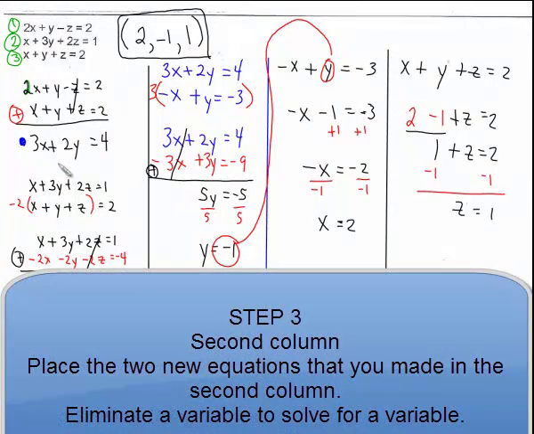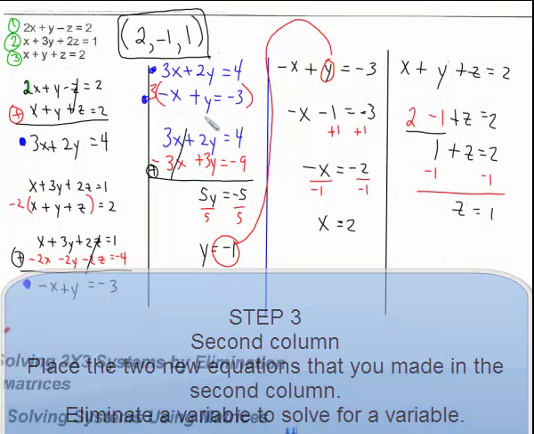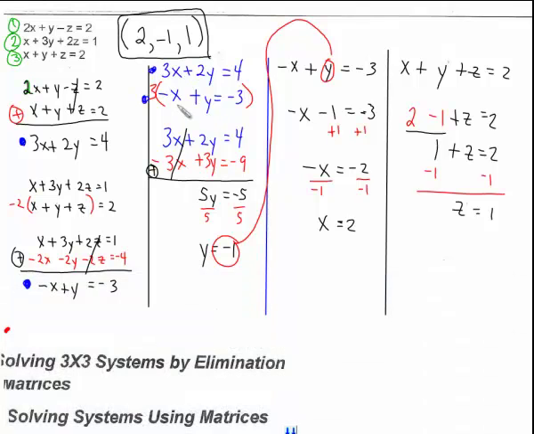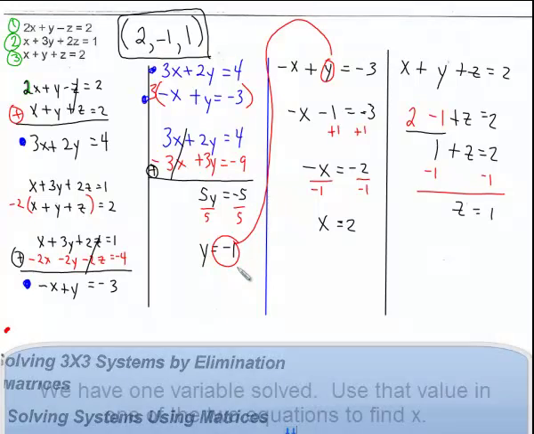So I have 3x plus 2y equals 4, and negative x plus y equals negative 3. I'm going to use both these equations right here and try to eliminate for another variable. And I notice I can eliminate the x's if I multiply by 3 all the way through the second equation. The 3's cancel, and this gives me y equals negative 1.